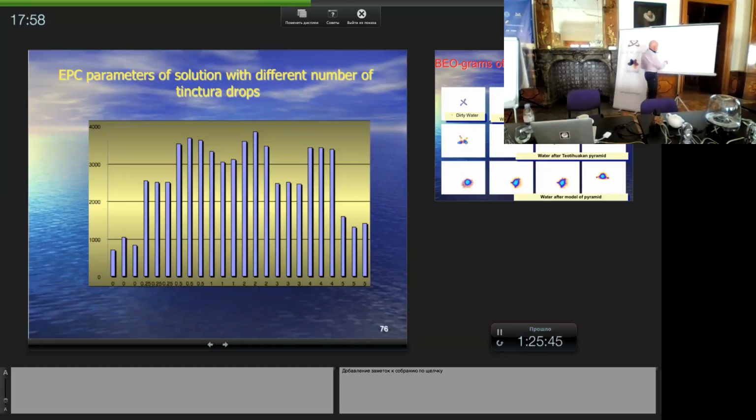So we did the initial solution, and then we added a quarter of a drop, half a drop, 1 drop, 2 drops, 3, 4, 5. And you see the highest signal with half a drop, and it's a very precise dropper, or with 2 drops.